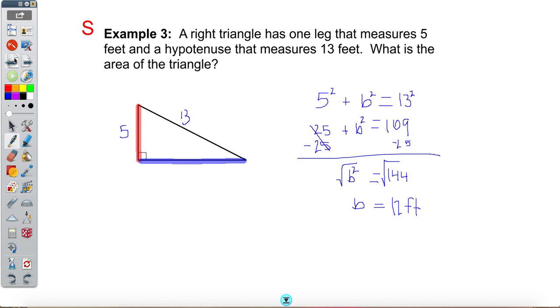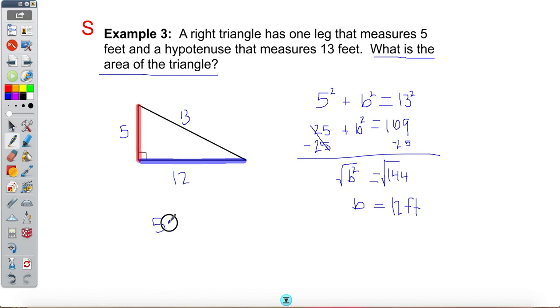You know what? Just thinking about this, we never actually finished this problem, did we? So we got 12 feet for this side. But the question that we were supposed to solve is, what is the area of the triangle? Area is equal to base times height divided by 2.